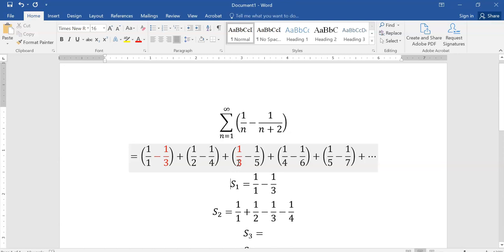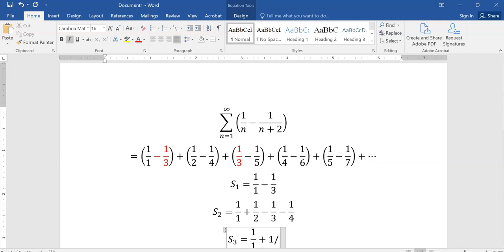And so this sequence telescopes, in a sense. Think of a telescope. You expand and contract this looking glass. And it goes from 6 terms down to 4. And if you notice what those 4 terms are, they're 1 over 1 plus 1/2 minus 1/4 minus 1/5.